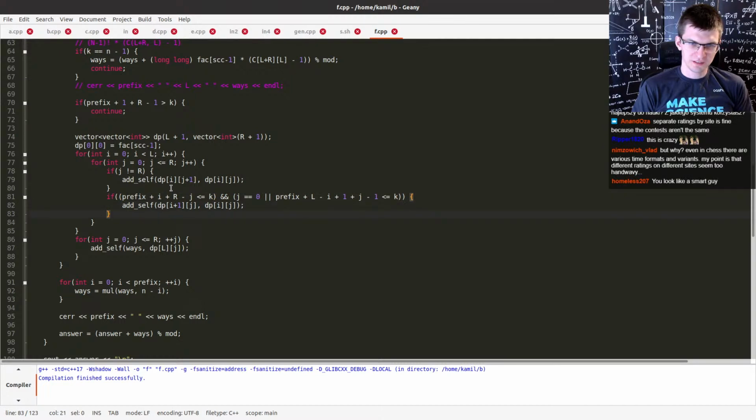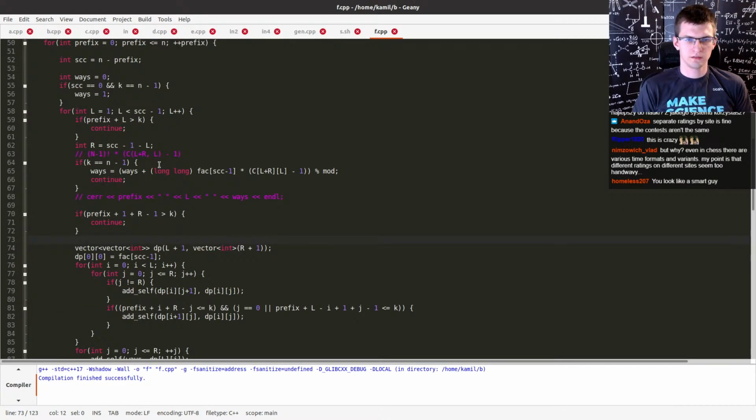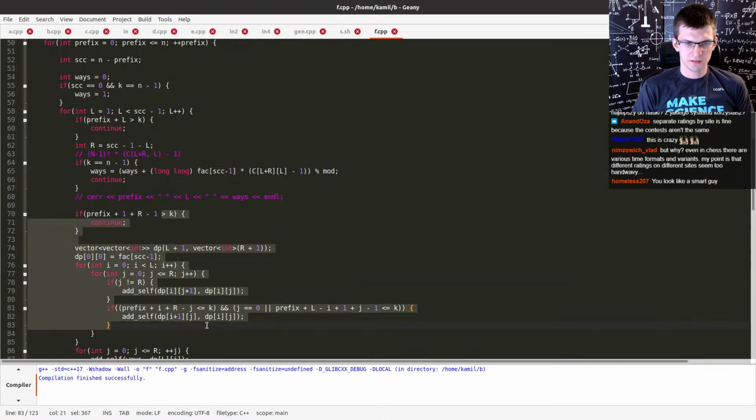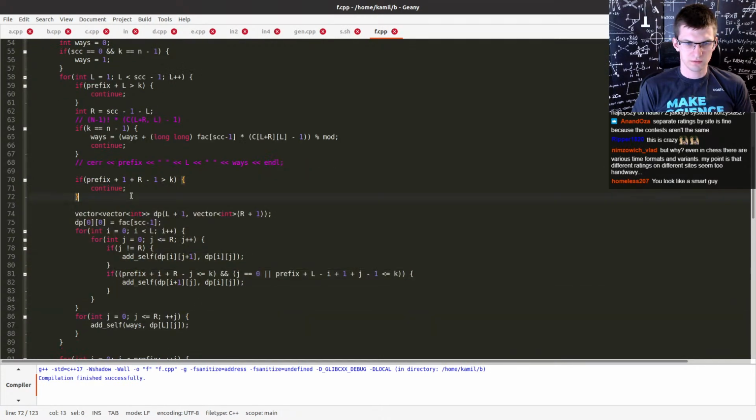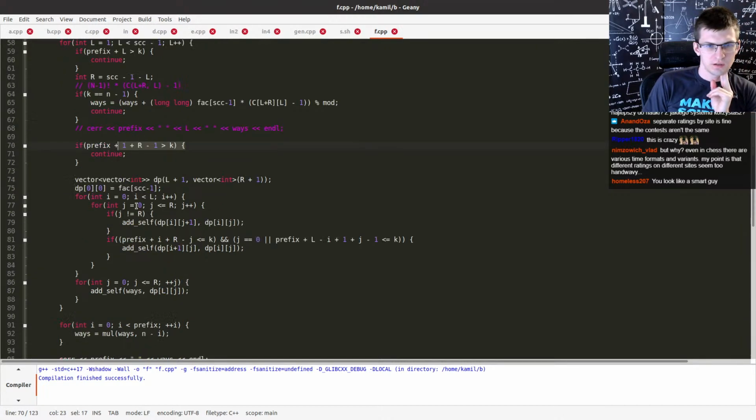Why do I double count? K equal to n-1. So this is correct, this is wrong. This cannot happen if k is n-1. What about this?